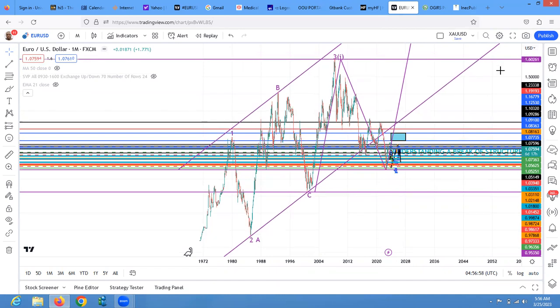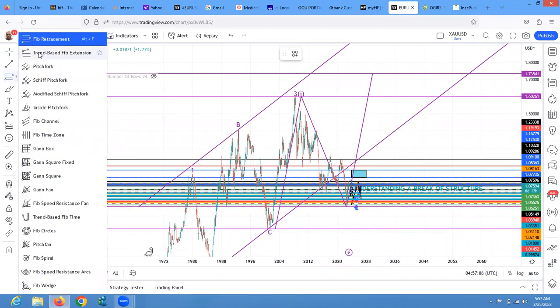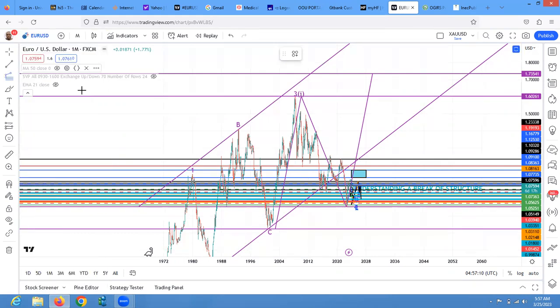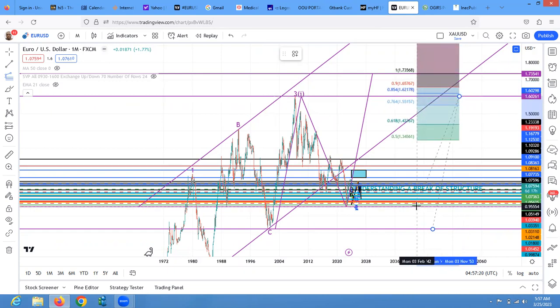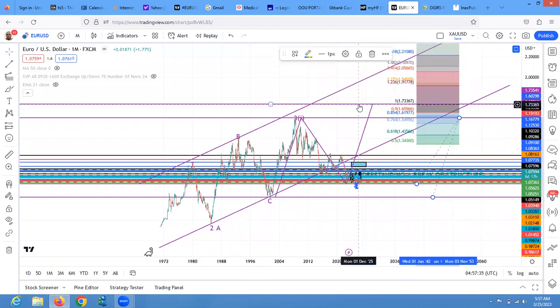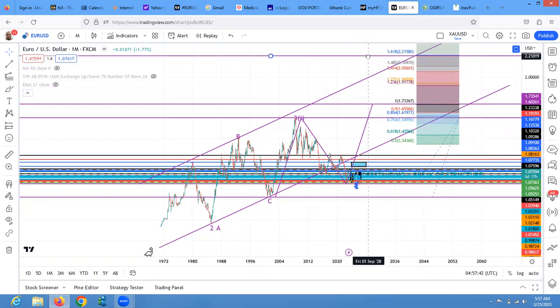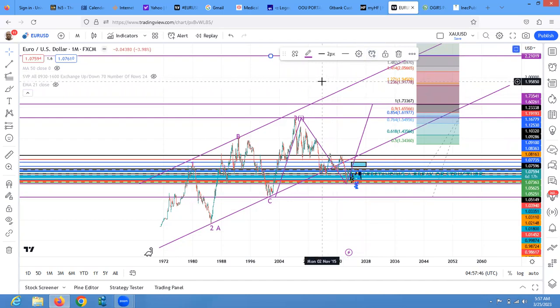If that eventually is correct, we might now be seeing a movement where structure, before we finish that 3-3, we might actually now be seeing a movement that goes this way and take out more structure to the outside, which will now tell me that price eventually may take out these to make it a 3-3. So that may happen.